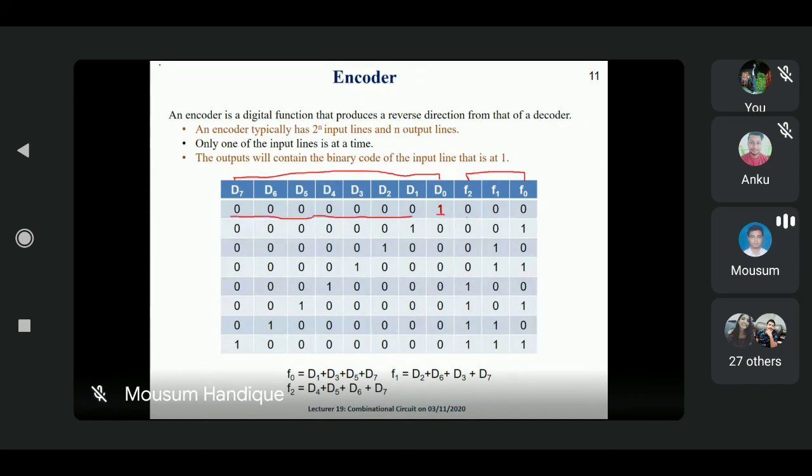The output combination is F2, F1, F0, all 0. When D1 is active and all other input lines are inactive, that time F0 is active, the output is generated from the input line in this sequence.